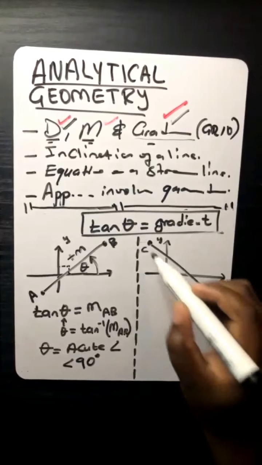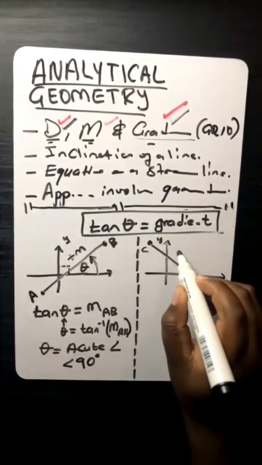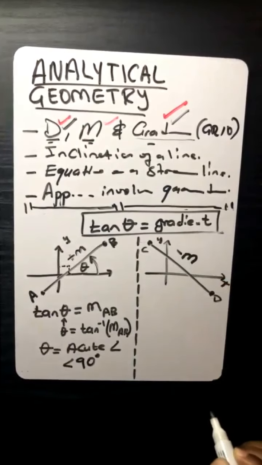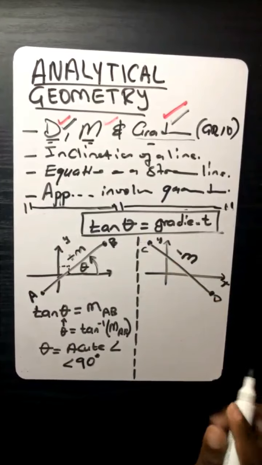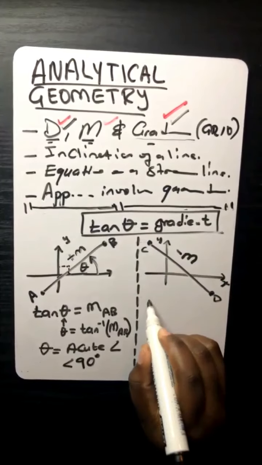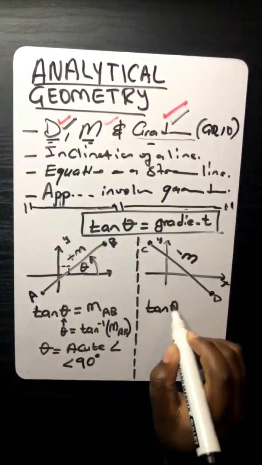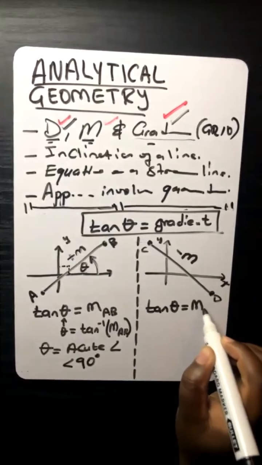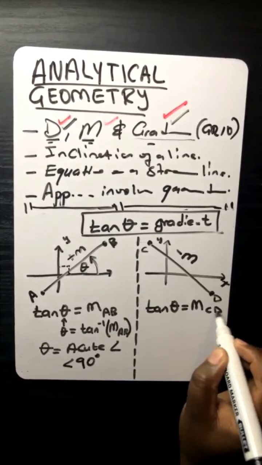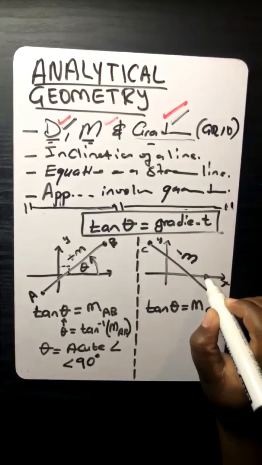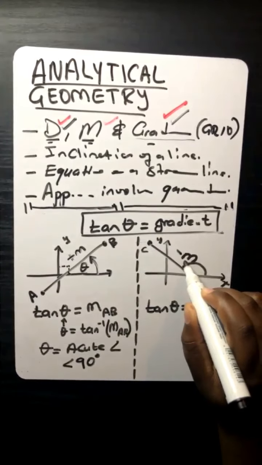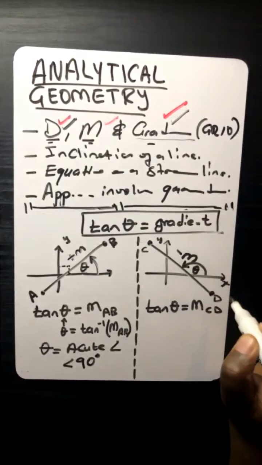So let's now check for this one. We already know that we are going to have a negative gradient for that line. So when you calculate the angle formed between the points, remember the angle that is formed is that angle over there.